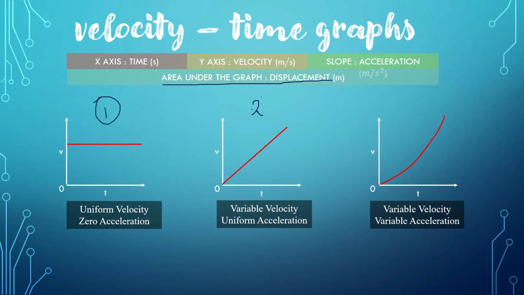The second is variable velocity but uniform acceleration. Likewise, the third one is also variable velocity, students, but with variable acceleration. So looking at the graph you can tell whether it is zero acceleration, uniform acceleration, or variable acceleration. There will be more videos related to graphical representation that will help you understand and interpret the graphs.